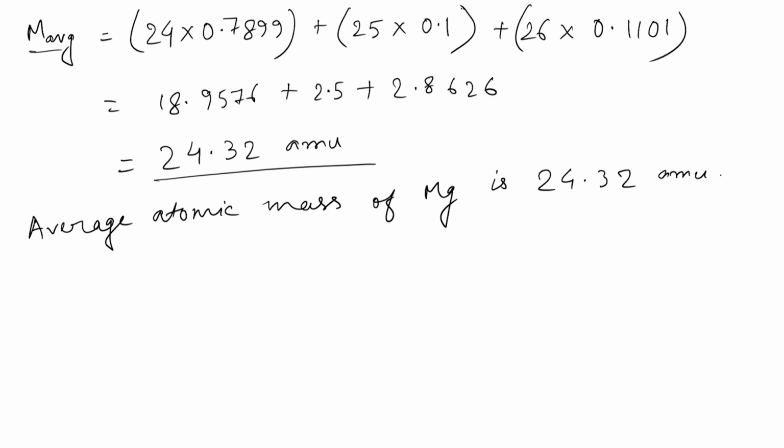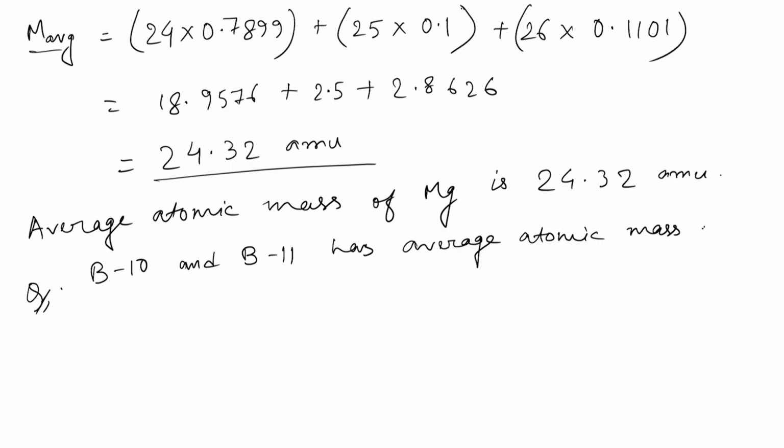So, the second question is, boron 10 and boron 11 has average atomic mass of 10.8 AMU.